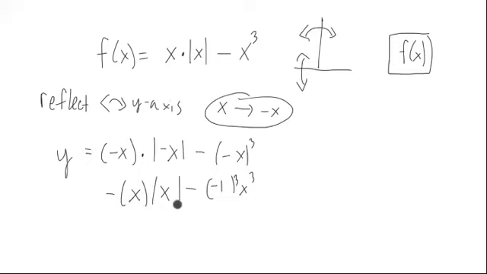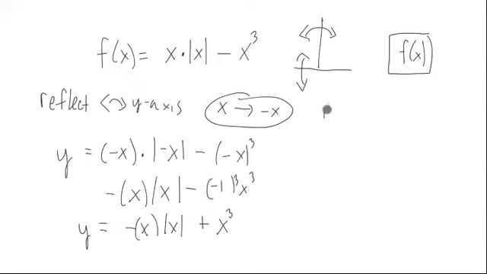Notice (-1) cubed is simply just negative, and a negative negative is a positive. So we ended up getting this. All right, so this is what this function looks like when we reflect across the y-axis. I simplified it a little bit so we can get a better viewpoint of it, and it might come in handy in the next part.